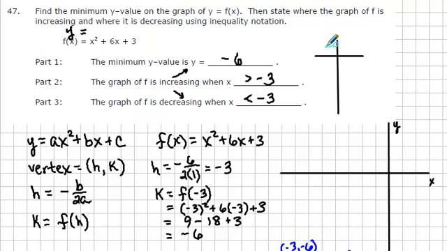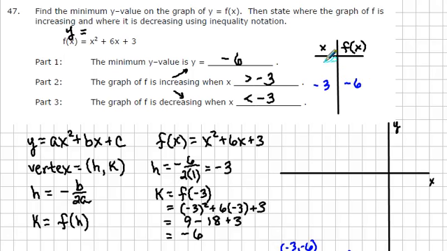So you pick some values of x and then evaluate the corresponding values of f of x. Now we already found that when x is equal to negative 3, f of x is equal to negative 6.